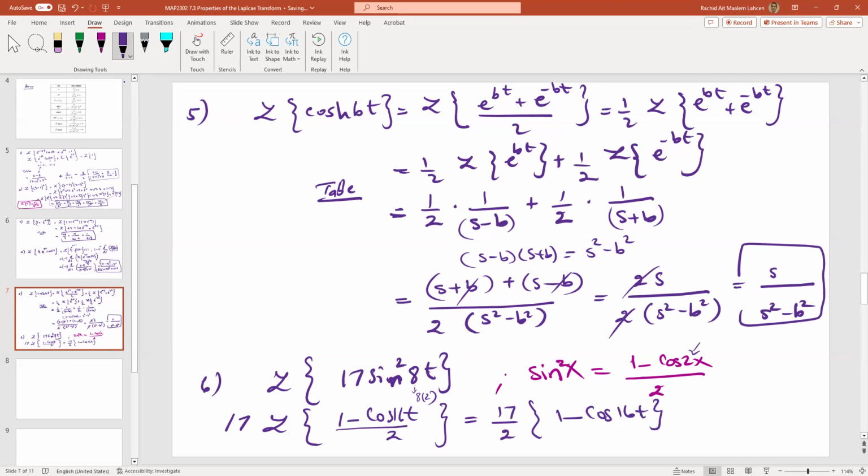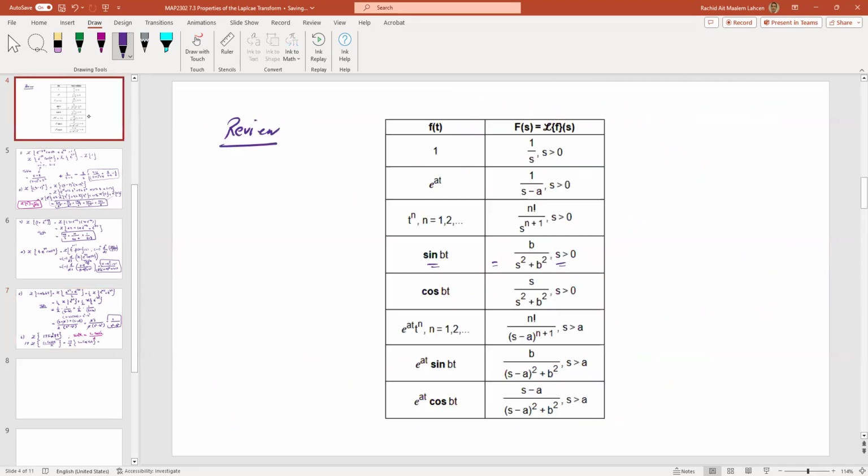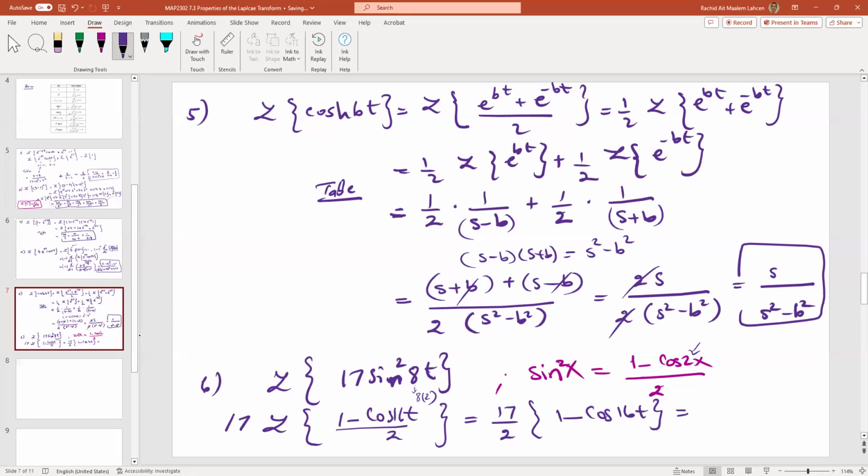All right, and for 1, we know what it is. Laplace transform for a constant is 1 over s. And we know for cosine, let's show it to you here. It's going to be this one here, right? So s over s squared plus b squared, and b here is 16.